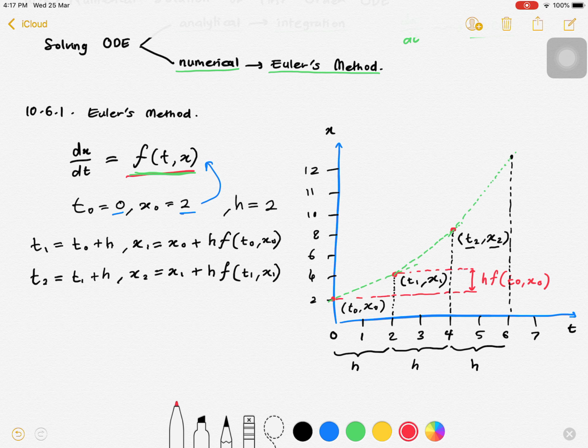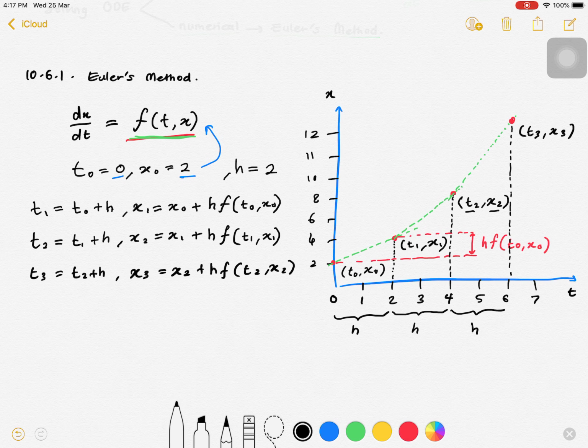So that is the fourth point. I denote it as t3, x3, and again the equations will be t3 is equal to t2 plus h, x3 is equal to x2 plus h f of t2, x2. Hopefully you understand the equations that we use.